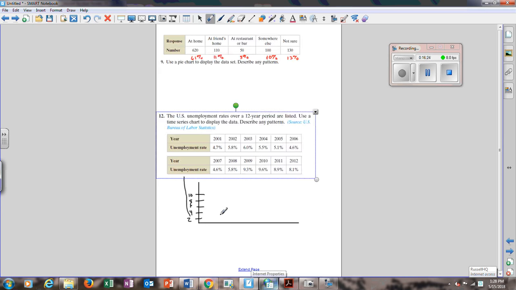And across the bottom, you do the years. It'll be 01, 02, 03, 04, 05.